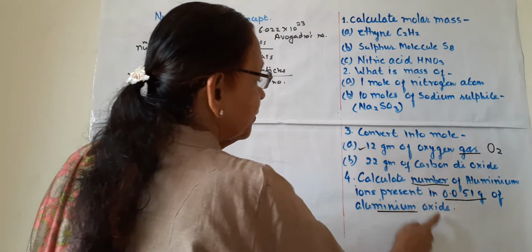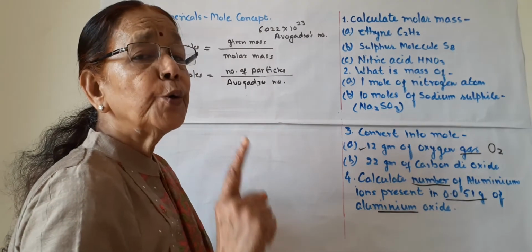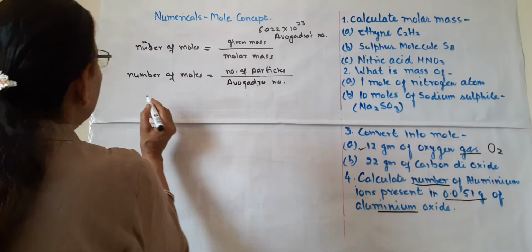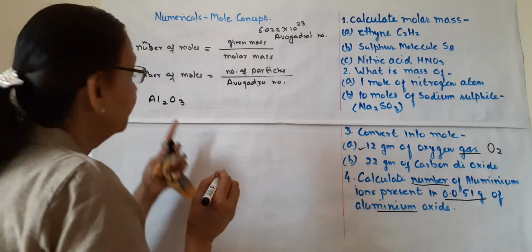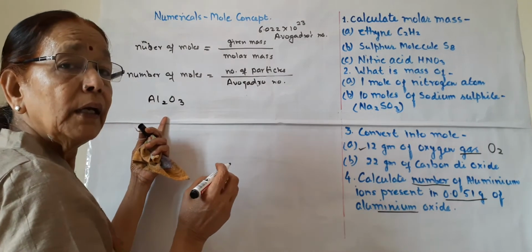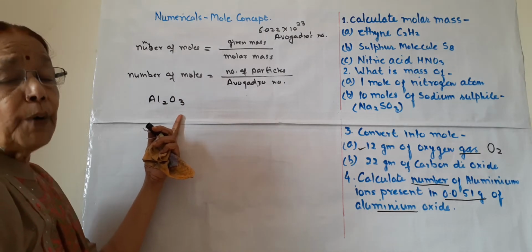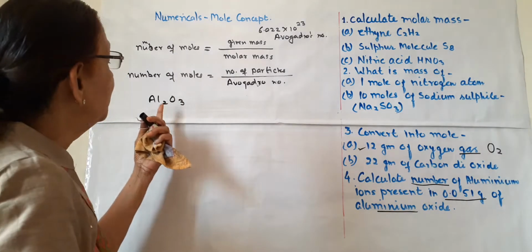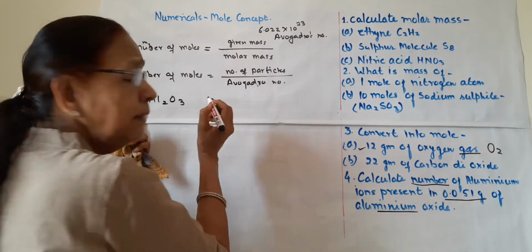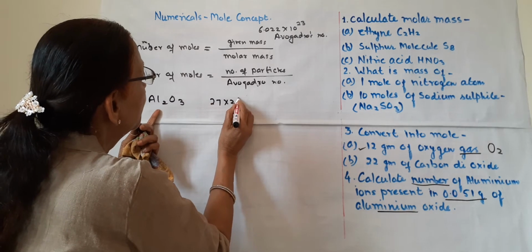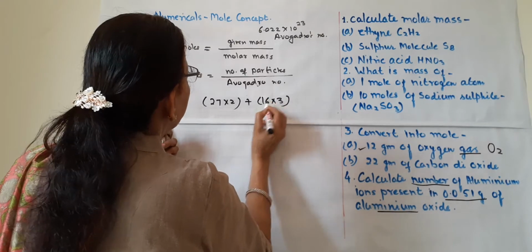Now first we have to calculate the molar mass of aluminium oxide. First you should know the formula of aluminium oxide. Aluminium oxide is Al2O3. So first we calculate formula unit mass. It is an ionic compound, so instead of molecular mass, we say formula unit mass. Al is 27, the atomic mass, into 2, plus 16 into 3.